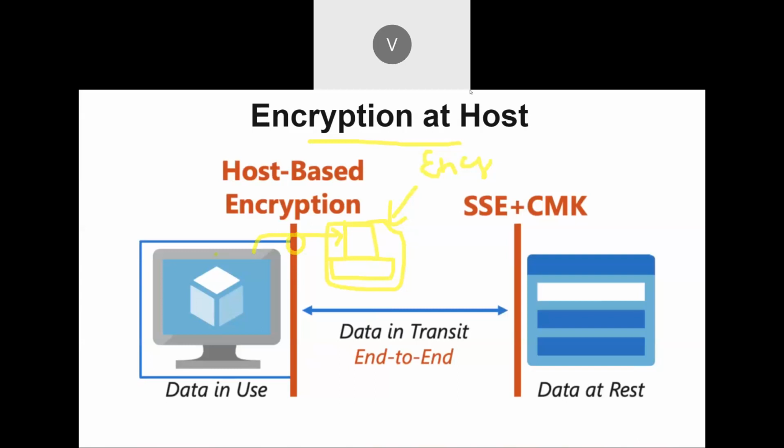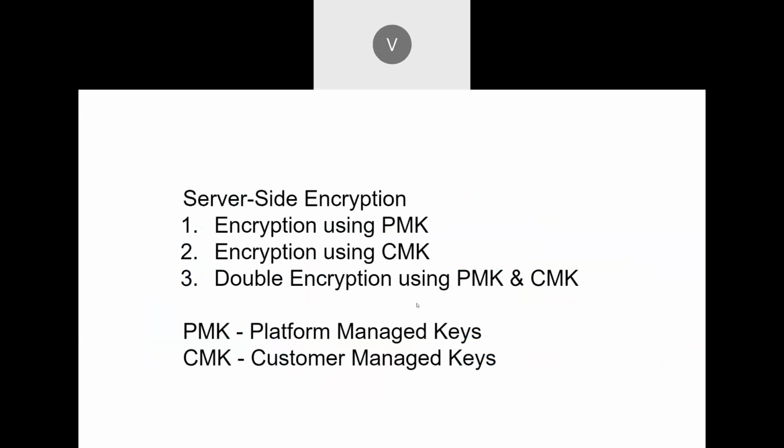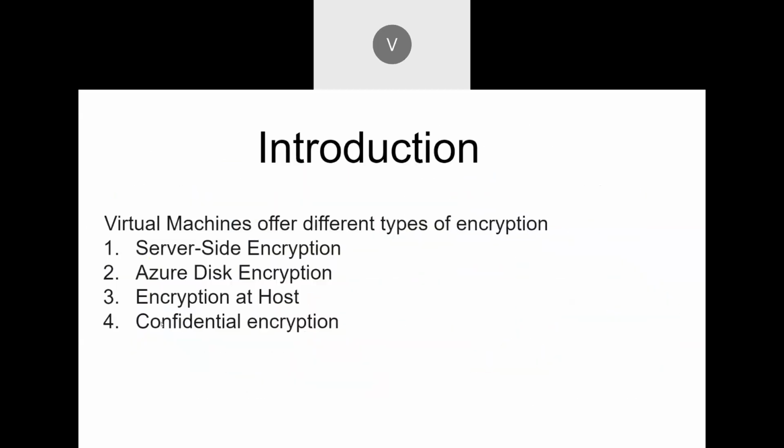So let's see these options: server-side encryption, Azure disk encryption, encryption at host. We have another one, which is confidential encryption. This is used for confidential VMs. There are specific family sizes, such as D size and E size, which we use for confidential VMs.